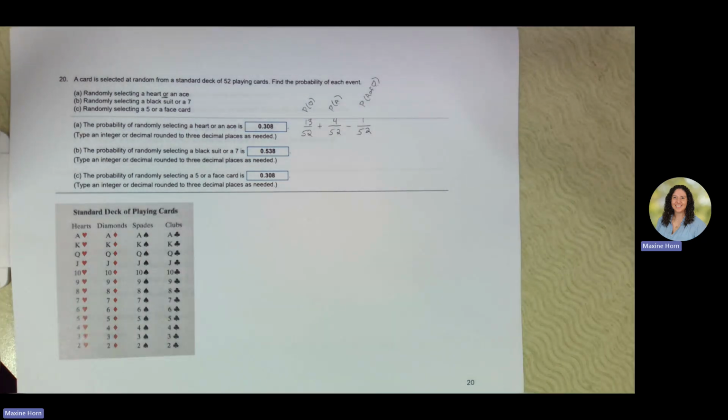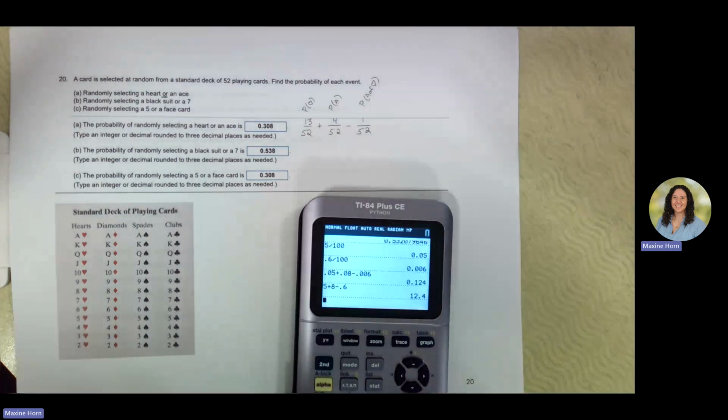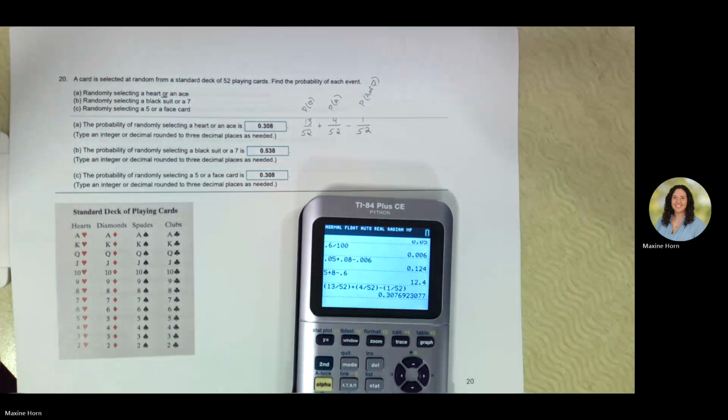So however you plug this into the calculator that's easiest for you, I would just plug it in all at once and make sure that I have my parentheses on. And I get my decimal. If you round that to 3 decimal places, as they say to, you get 0.308.